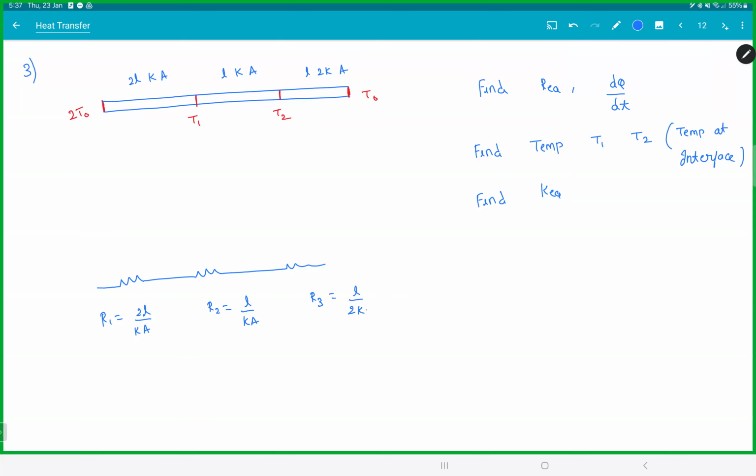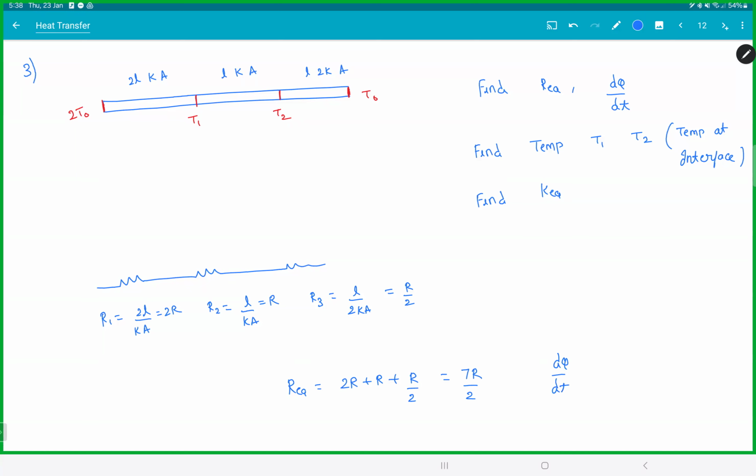R3 is L by 2KA. If I take this as R, this is R by 2 and this is 2R. R equivalent will be 2R plus R plus R by 2, which is 7R by 2.